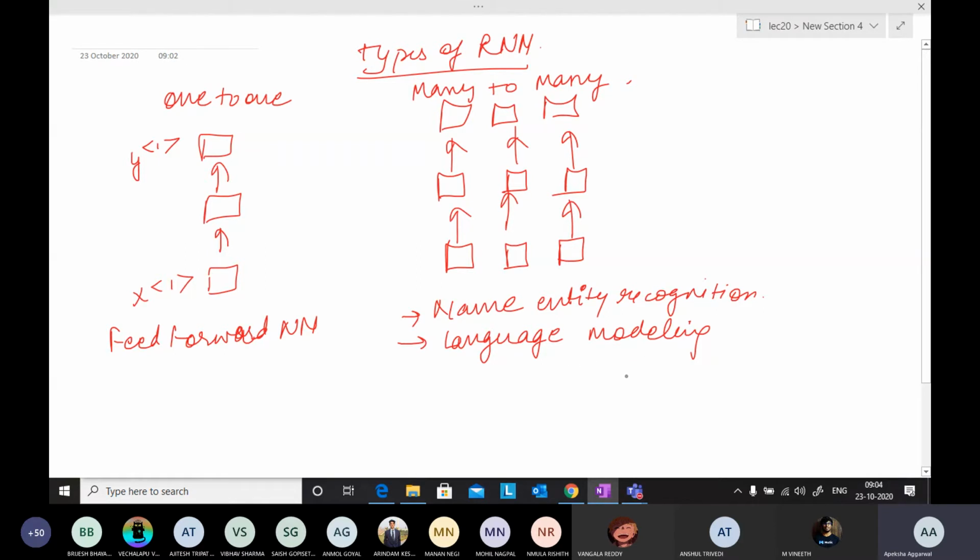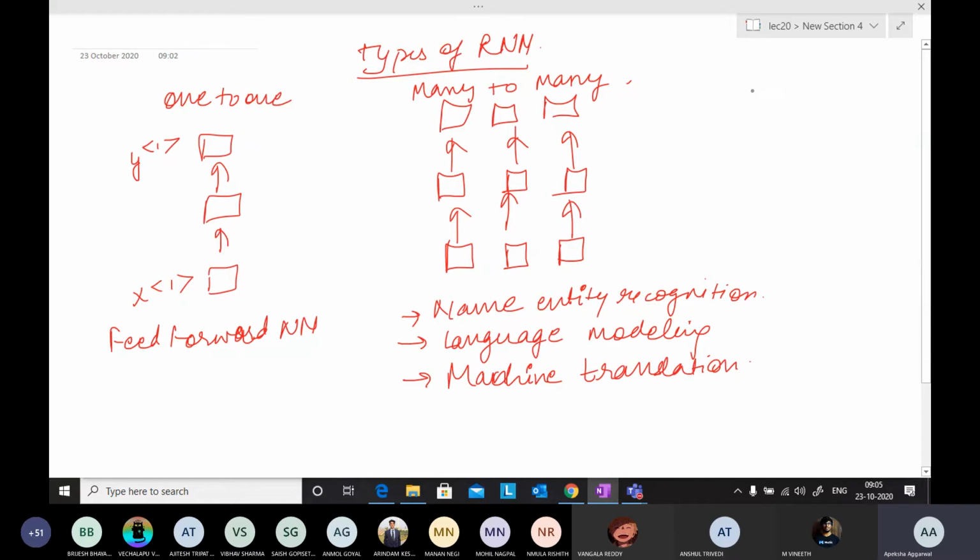Another example is machine translation. You enter English sentences, and it returns sentences in some other language. So the language is translated from one X to another Y. A set of X, that is a set of terms, is given as input, and a set of Y's it will give as output. Okay. Another example is many to one.